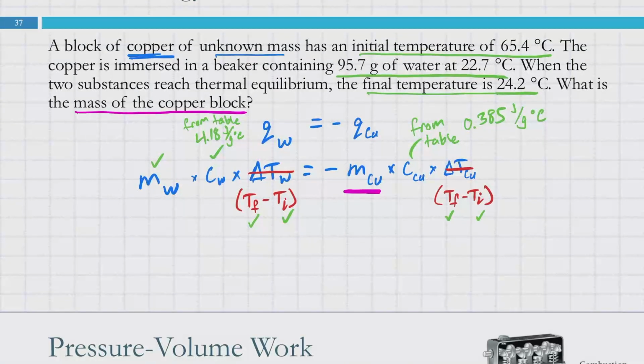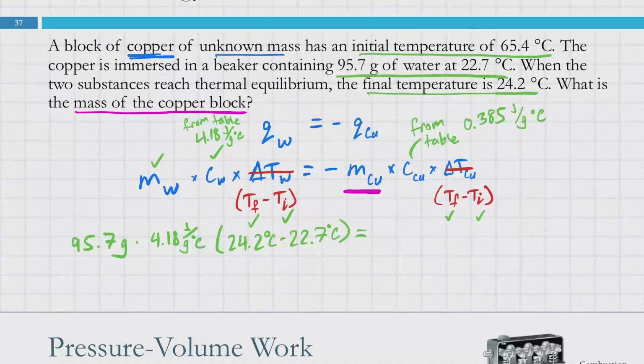So we're going to plug in our numbers. Our mass of our water, 95.7 grams from the problem. Our c water, 4.18 joules per gram degrees Celsius. Tf minus Ti, which is 24.2 degrees Celsius minus 22.7 degrees Celsius, putting that in parentheses so we make sure that we do that first.